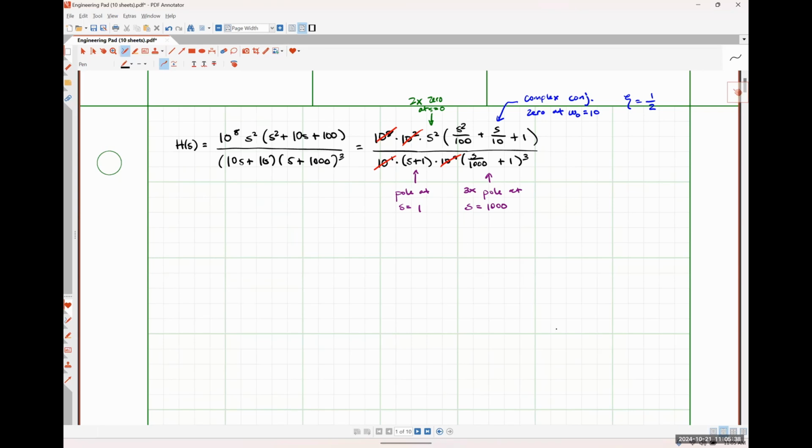So the expression for zeta, let me just do it down here, is b over 2 times the square root of c, where this coefficient right here is b, and this coefficient right here is c. So we would have 10 over 2 times the square root of 100, which is 1/2. Yep. All right.